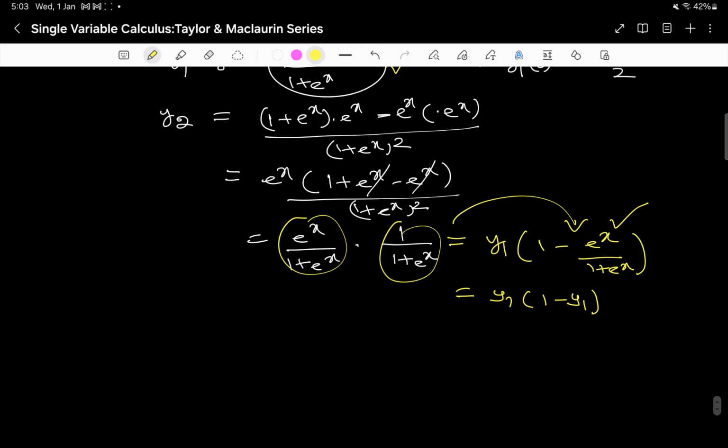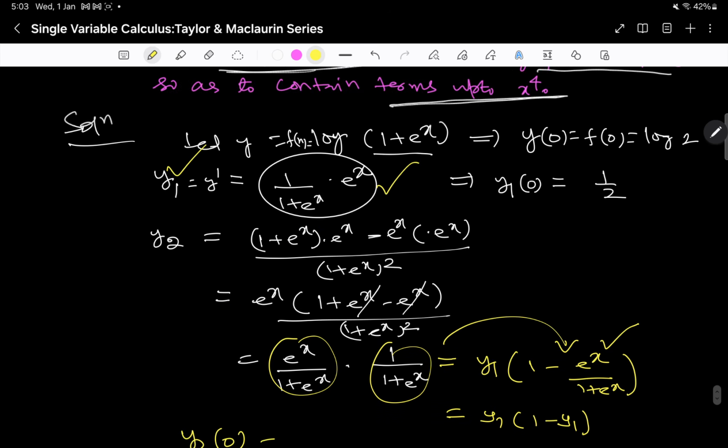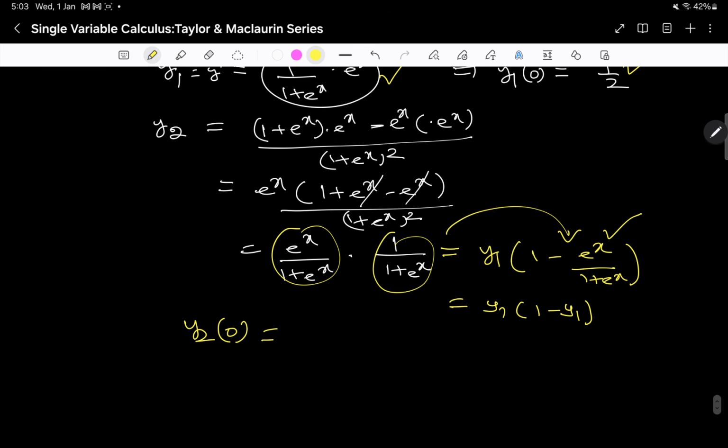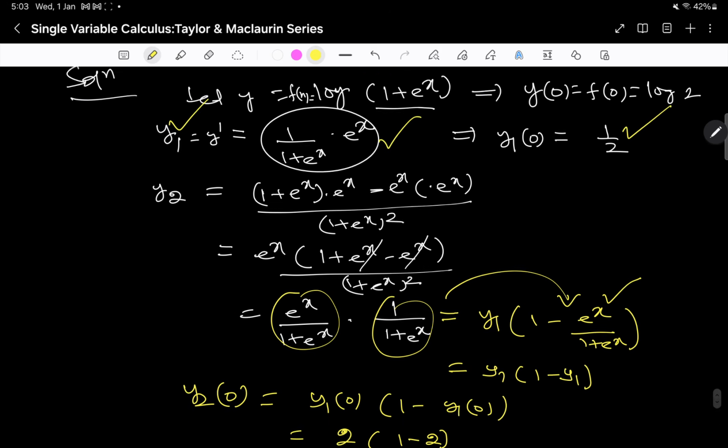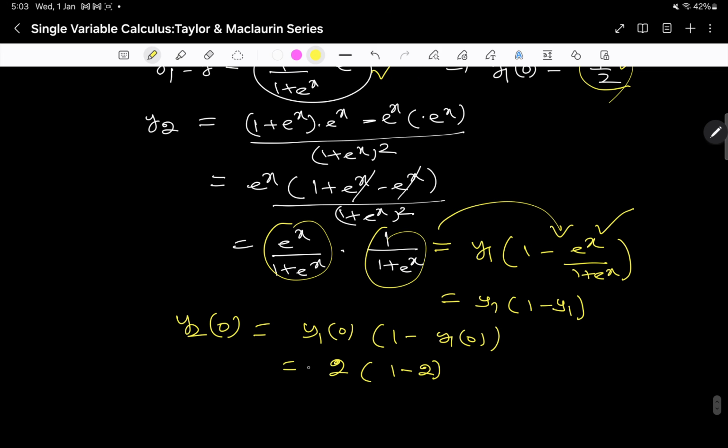Then similarly I find y2 of 0. So what is y2 of 0? Already I got y1 of 0. So this is y1 of 0 into 1 minus y1 of 0. Already y1 of 0 is a half, so it is half into 1 minus half. Right, so this will give you 1 by 4.